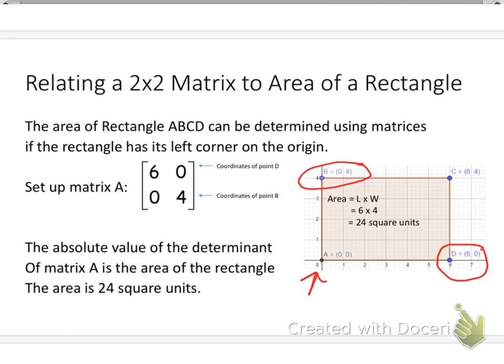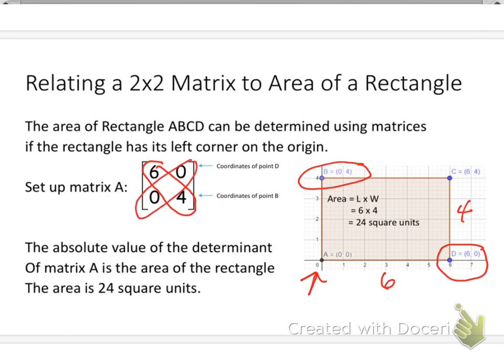Okay, so 6, 0, coordinates of D, and 0, 4 are the coordinates of B. So the absolute value of that determinant, and we know the determinant is the product, is the area. So if I were just to figure out length times width, I would say this is a 6 by 4. I would get 24 square units from my area. My matrix, find the determinant, gives me the exact same value.